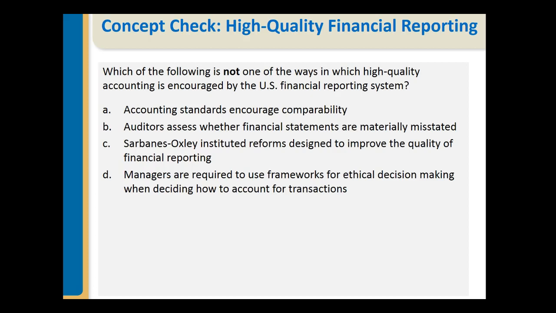C, Sarbanes-Oxley instituted reforms designed to improve the quality of financial reporting? Or D, managers are required to use frameworks for ethical decision-making when deciding how to account for transactions. So I'll let you take a minute to decide which of these would be the correct answer.